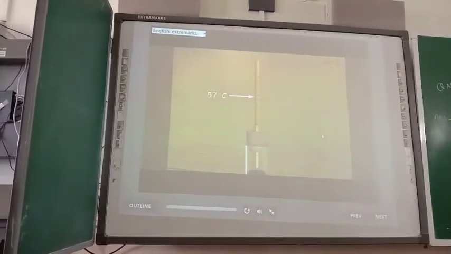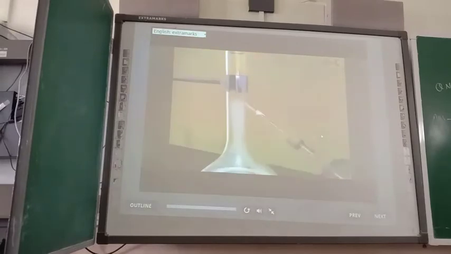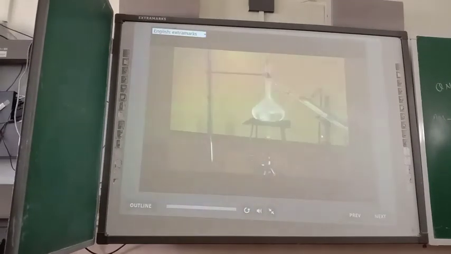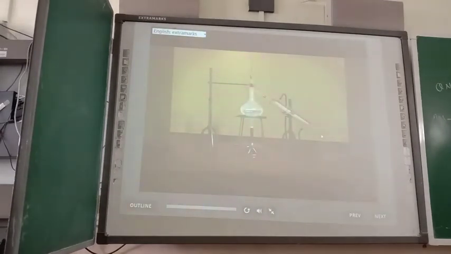As the temperature rises to 57 degrees centigrade, which is the boiling point of pure acetone, the vapors of acetone are formed and they start to condense in the condenser. This acetone can be collected from the condenser outlet. You can notice that water is left behind in the distillation flask.